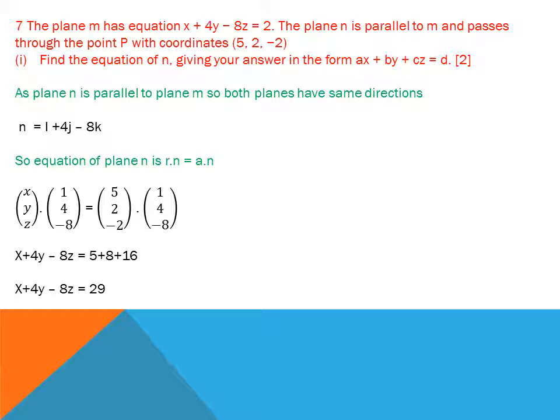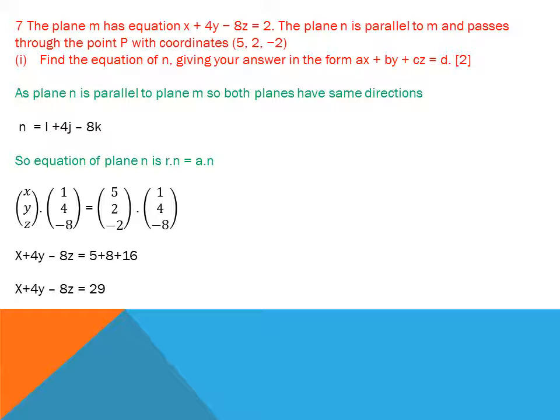When M and N, these two planes are parallel, it means the direction of both planes is same. The direction of plane M is 1, 4 and minus 8. The direction of plane N is also 1, 4 and minus 8. But the point of the plane N is 5, 2, minus 2.